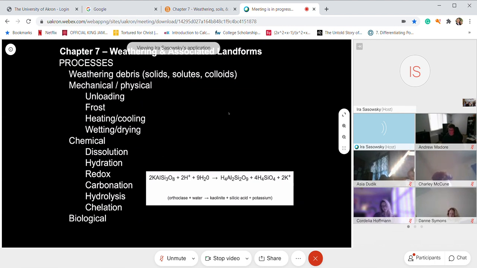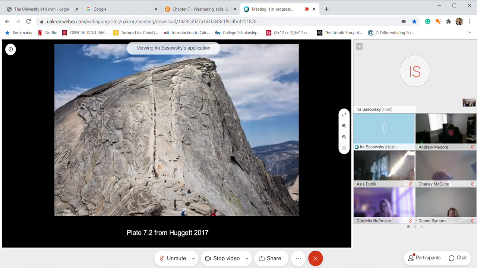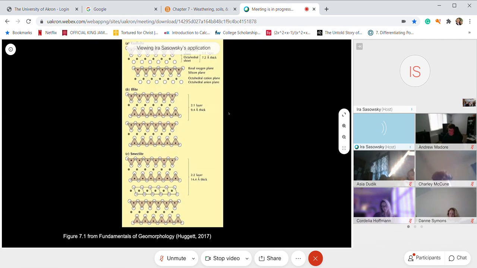All right, so let's look at a couple more pictures. I didn't splice these in, but here's an example of some clays. Clay mineralogy is an extensive and complicated topic, but basically there are three main structures of clay types: the kaolinitic clays, the illitic clays, and the smectitic clays, and they are based upon their layer structure.